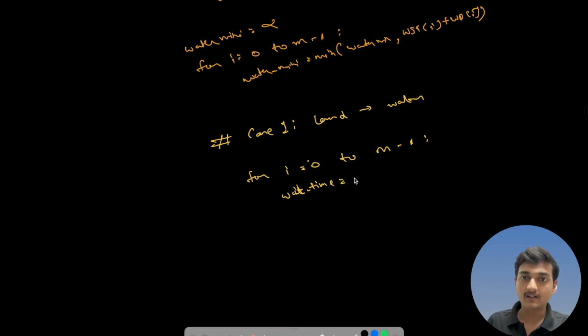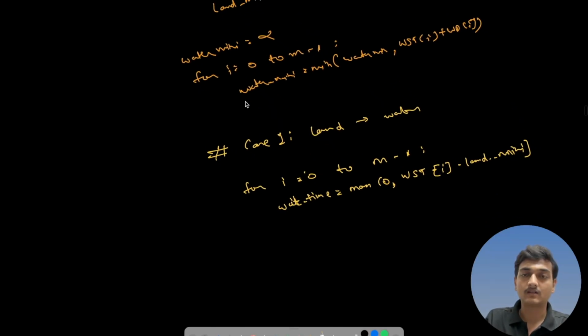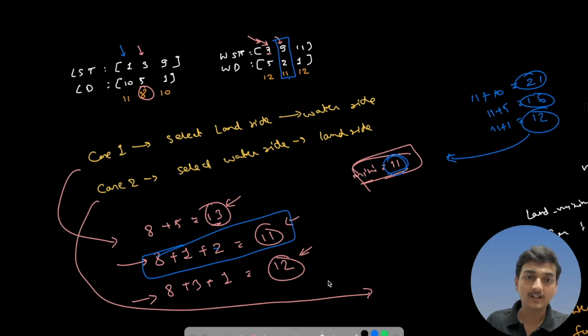I will take the wait time maximum with 0, just to avoid negative numbers. And how can I calculate it? I think water start time of i minus land mini. Okay, land mini we have named it here. So what we are doing here, basically we are checking.